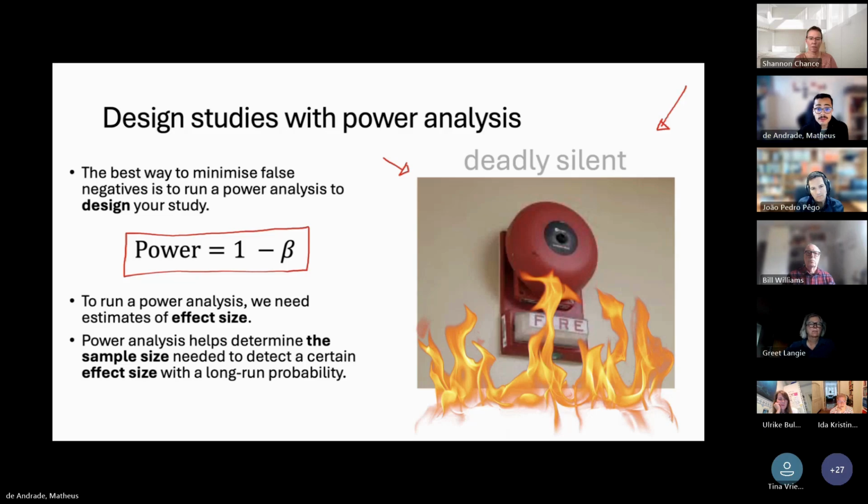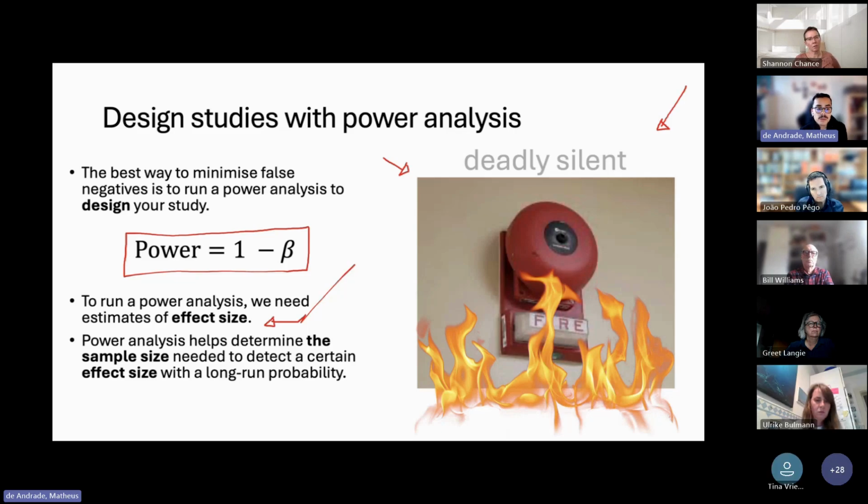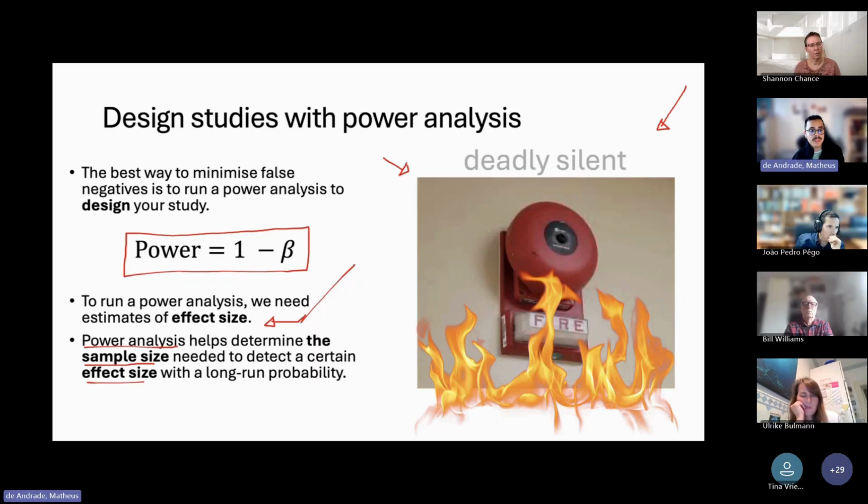So the main recommendation here is to run a power analysis before even starting your research. To run a power analysis, you need to estimate your effect size. The power analysis is the number one source of information that will help you determine the sample size needed for your study to detect a certain effect size in the long run.